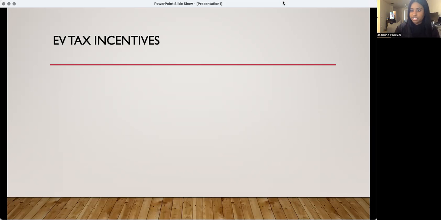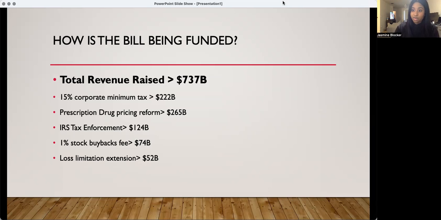So we are going to see, again, like I said, the bulk of this allocated bill, the funding is mostly allocated to clean energy movements and initiatives. So we're going to look at a breakdown of exactly how the bill is being funded, how much revenue has been raised already. So we have total revenue raised in capital.